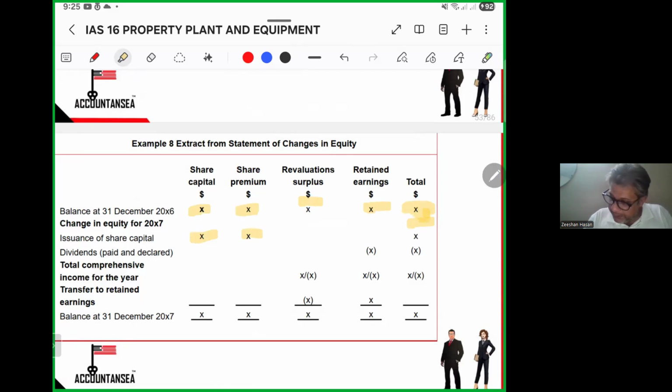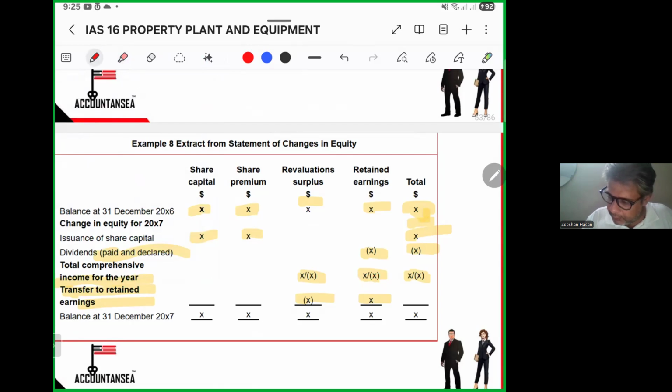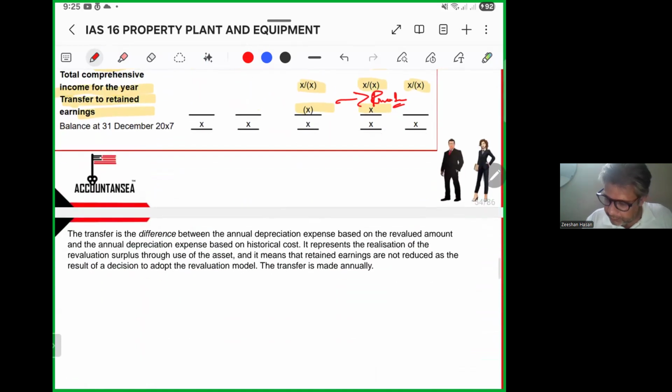Dividends paid and declared, if there is any, will be deducted from retained earnings. Income for the year, increase or decrease, will come in retained earnings as well. Transfer to retained earnings, such as the revaluation surplus, will come here. And then we will get the year-end balances.